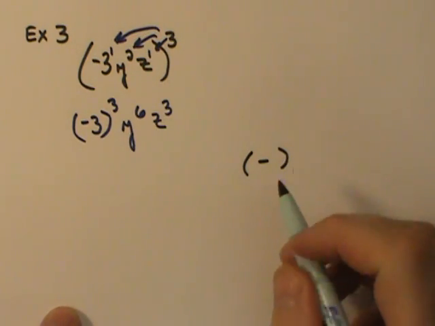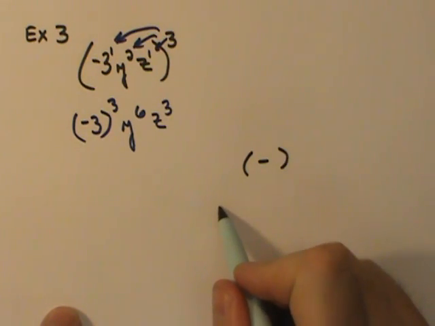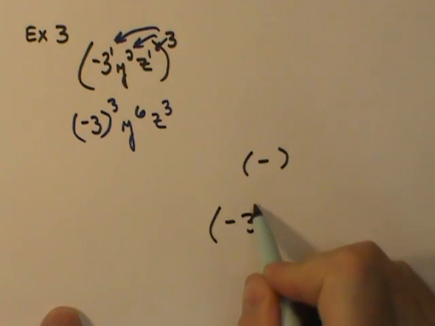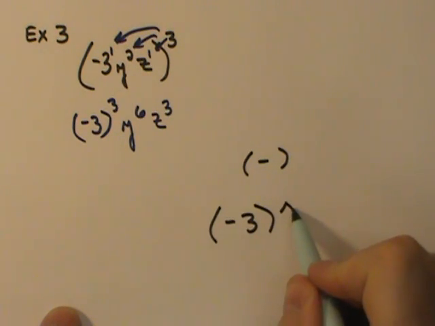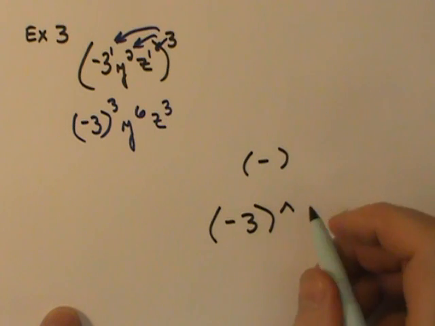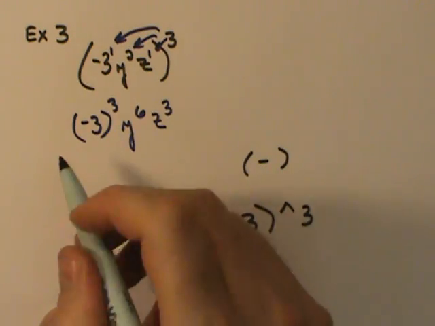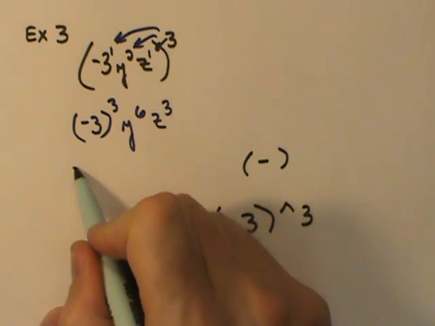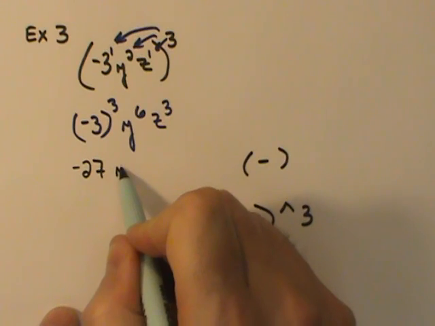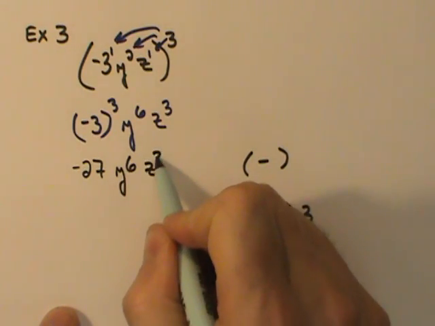And so if I put this in the calculator, I would have to have a parenthesis, negative 3, and I would use that up caret, or up arrow, and say raised to the third power. When you do this, it will give you the correct answer, which is negative 27 y to the 6th z cubed.